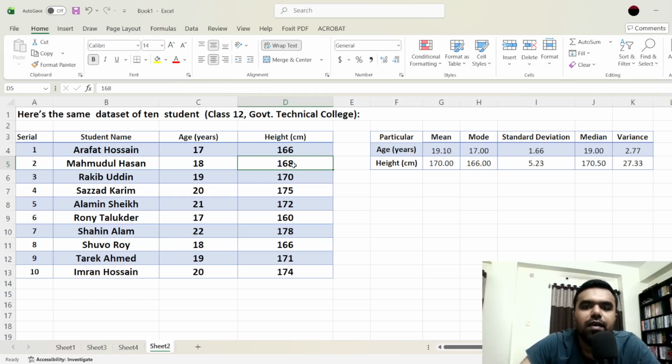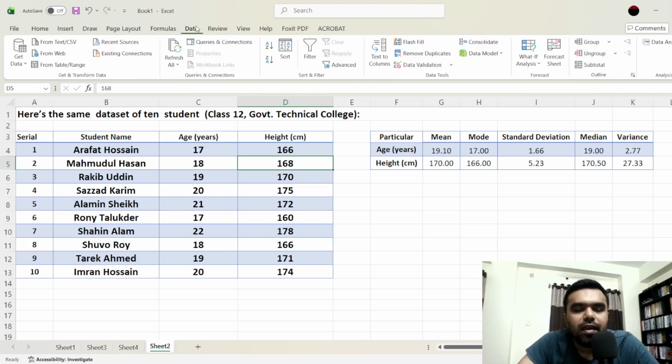Now we interpret. Here we have seen that this is a very powerful tool. We don't have to use Python or another programming language for data analysis. We can easily use Excel as a great data analysis tool.